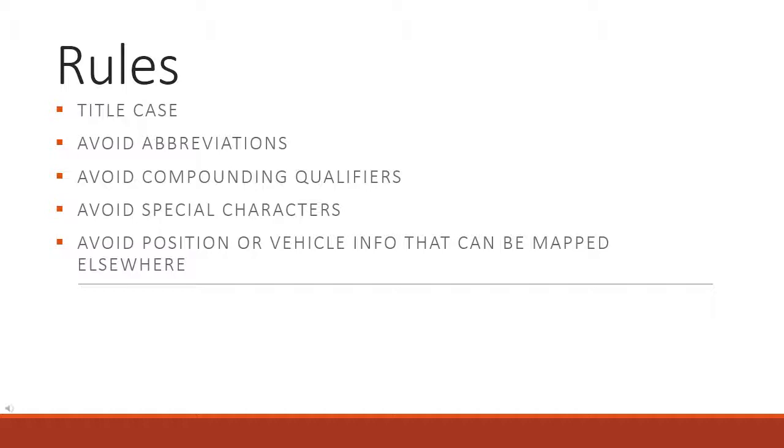And fifth, we need to avoid position or vehicle information that can be mapped elsewhere in the standard. If assigning qualifiers is something that would be beneficial to mapping your application, then please feel free to reach out to the Data Lab for further assistance, and we can help you get started adding this important information to your vehicle applications.